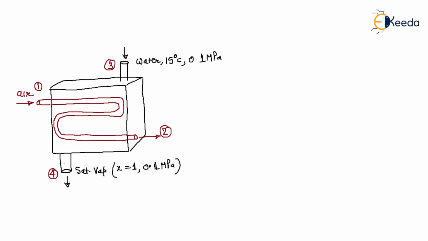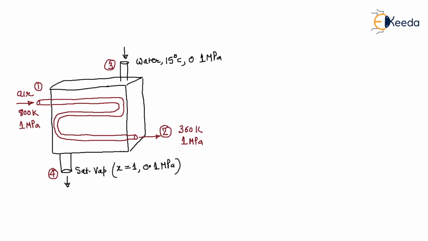So for air at inlet, what is the condition given? 800 Kelvin and 1 megapascal, leaving at 360 Kelvin and constant pressure 1 megapascal. And the water exit is saturated vapor.